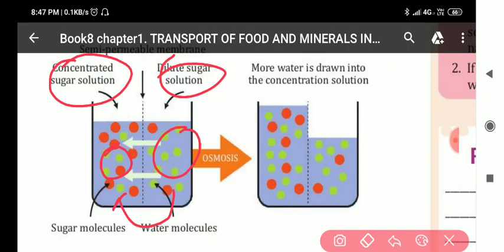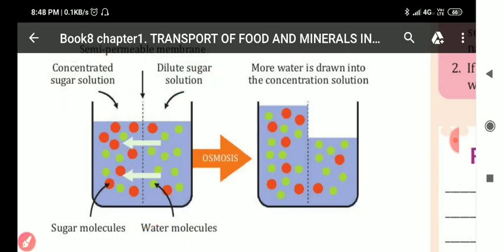Water molecules are moving from this region to this region due to osmosis through the semi-permeable membrane. So my dear students, water molecules move from their higher concentration to the lower concentration through a semi-permeable membrane, and this process is known as osmosis.